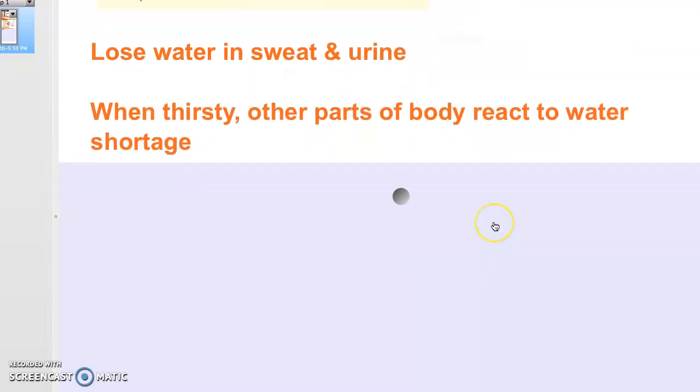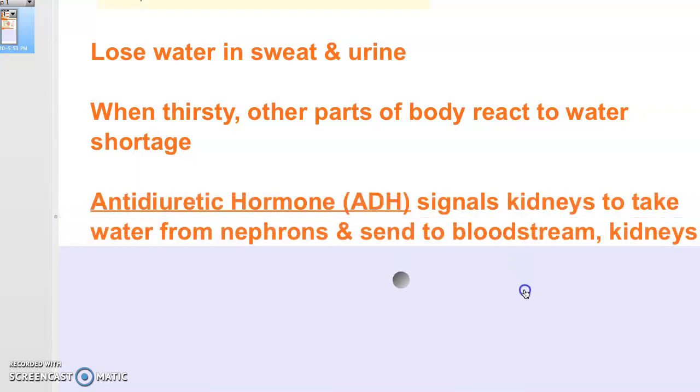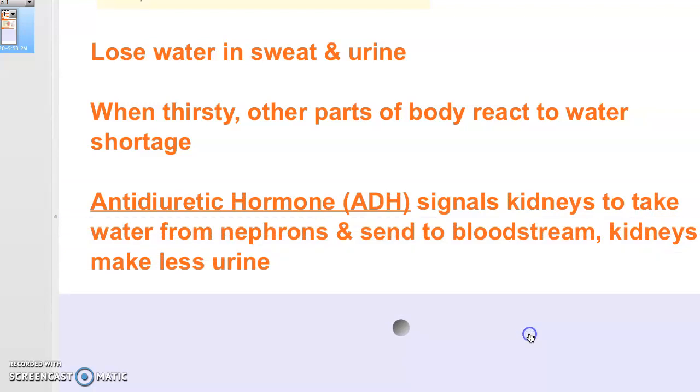So when you're thirsty, other parts of your body react to that water shortage. And if you're thirsty, that means you're already dehydrated. So you don't want your body to ever feel thirsty, because that's a huge sign that it's not getting enough water. So we have to watch that. We also have what's called an antidiuretic hormone, ADH. That tells our kidneys if we don't have enough water in our organs.